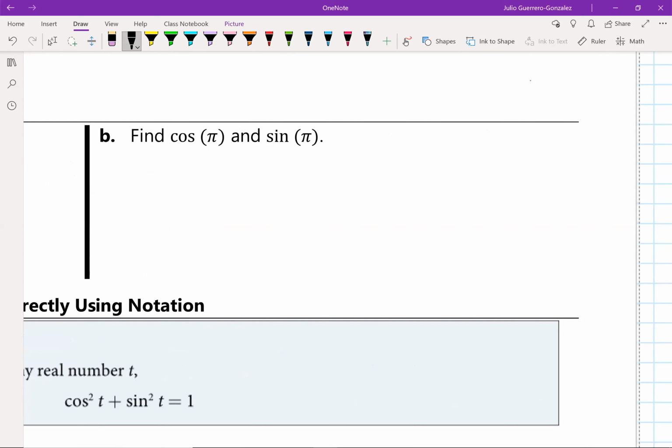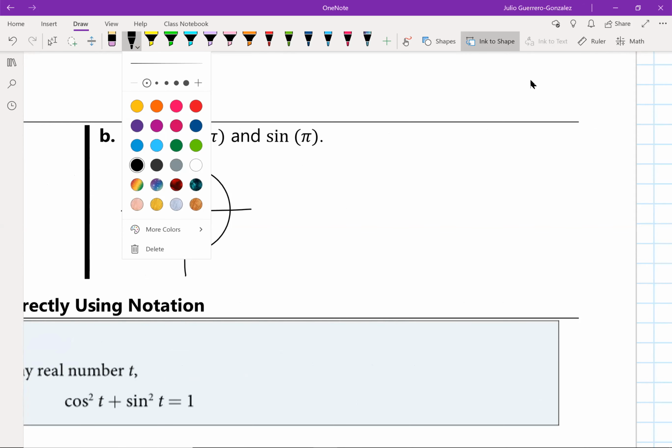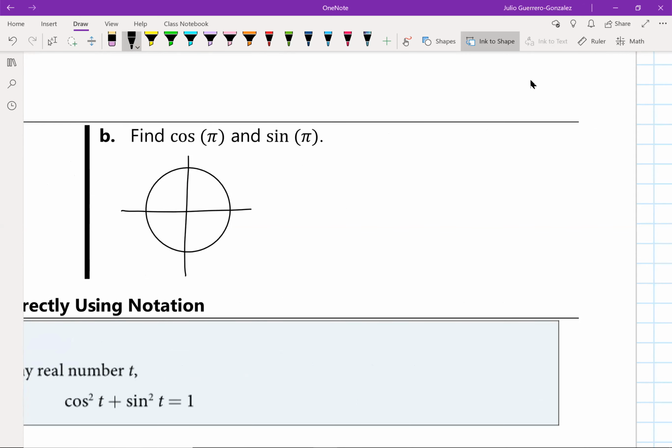Same thing here, right? So pi, the angle pi, is way over here, right? So this we know is 0 degrees.